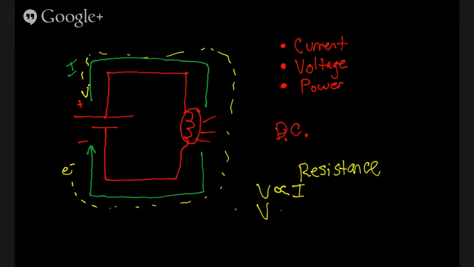So he made a few empirical guesses and found that voltage is directly proportional to a property called resistance, which is the inverse of conductance, but we don't really have to worry about that. We measure resistance in ohms, named after Georg Ohm.